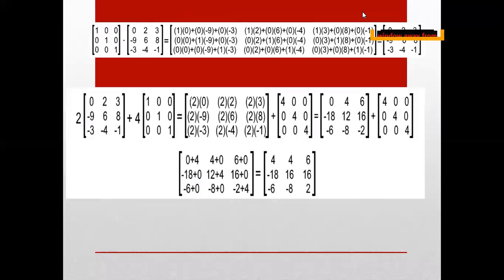You can see the operation: 0 plus 4, then 4 plus 0. This is not multiplication, this is addition, so there is no multiplication symbol.